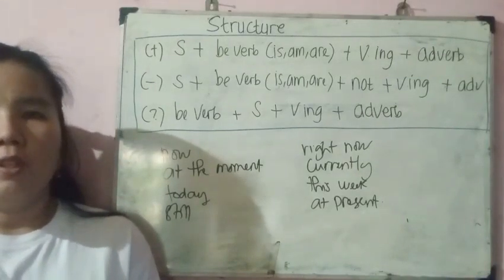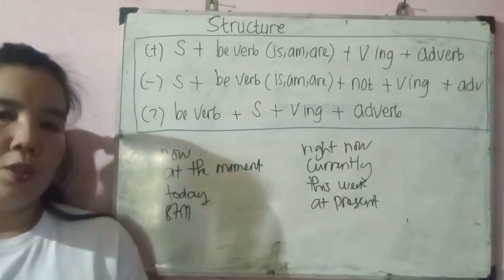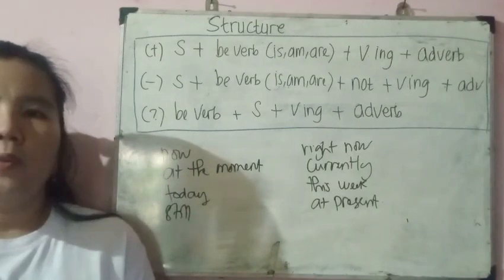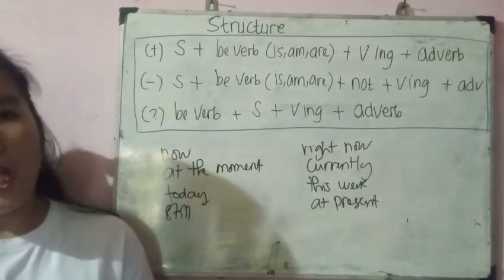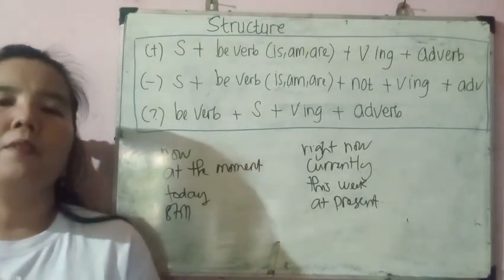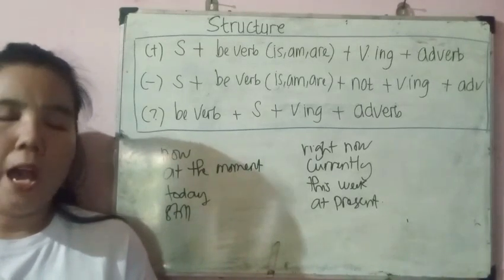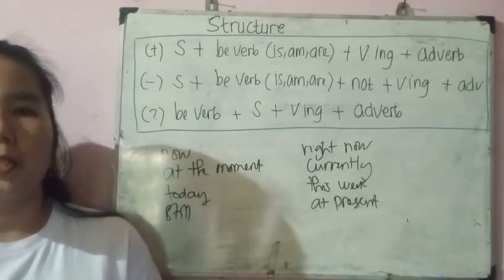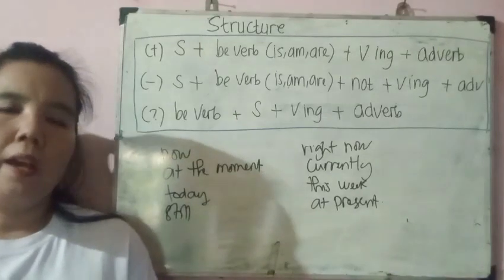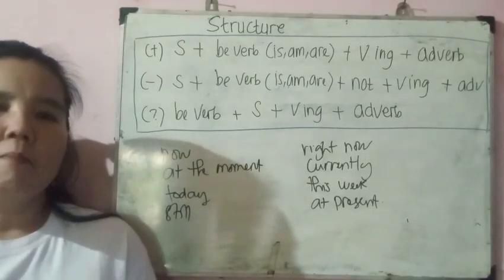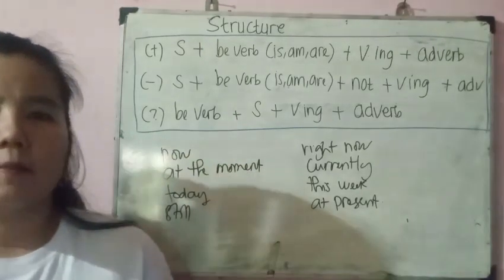Okay, the key is to use is and are with the ing form of the verb to talk about actions or situations happening in the present. That's all the explanation about the present continuous tense.